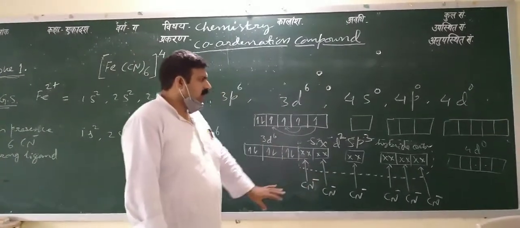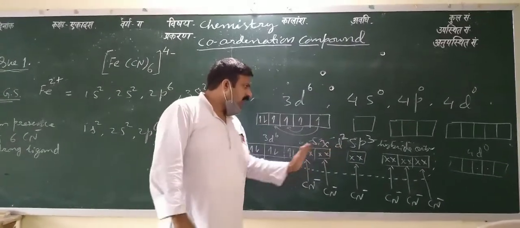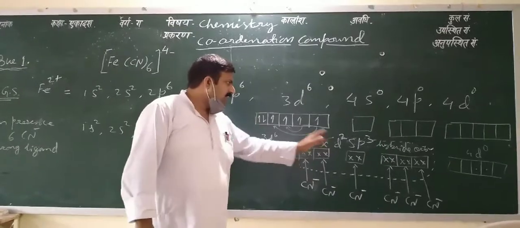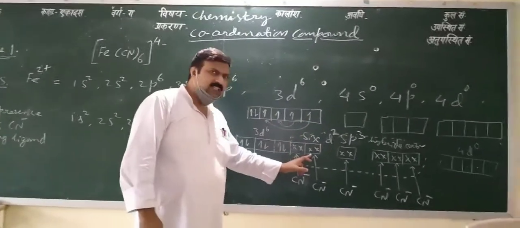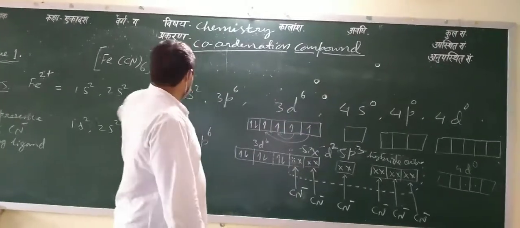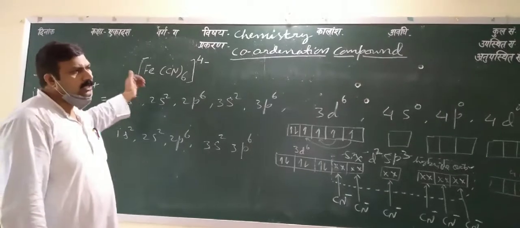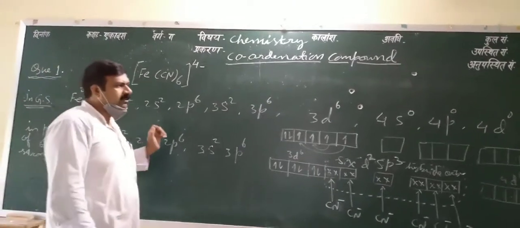So the hybridization is d2sp3. It is called an inner orbital complex because inner d orbitals are involved in hybridization. In case of [Fe(H2O)6]2+, it means hexaaqua iron(II) complex ion.